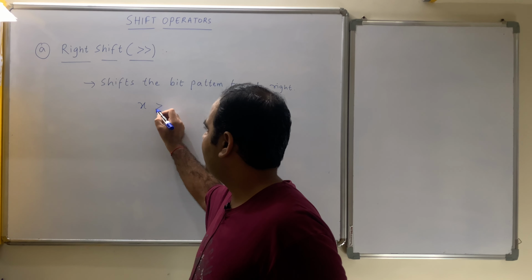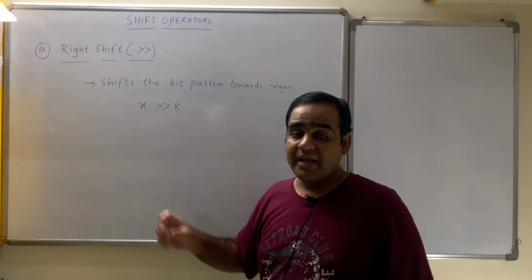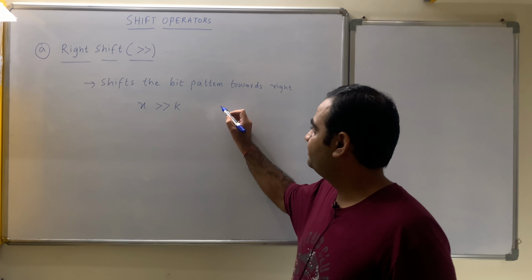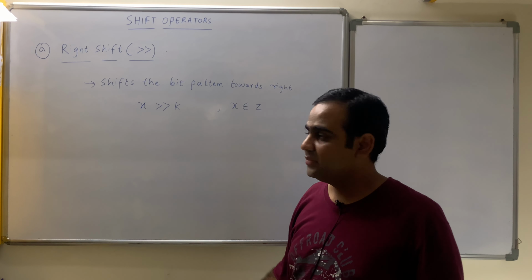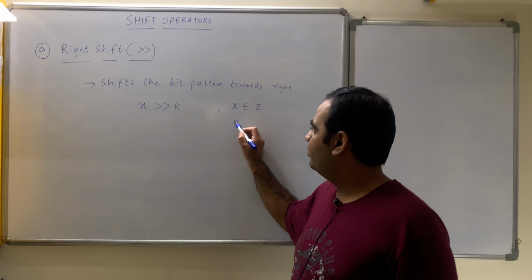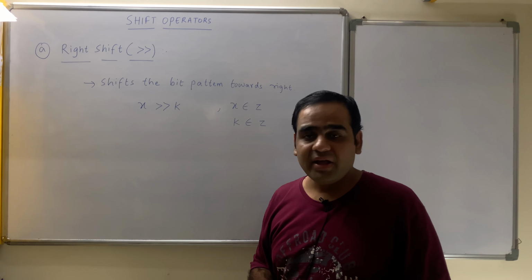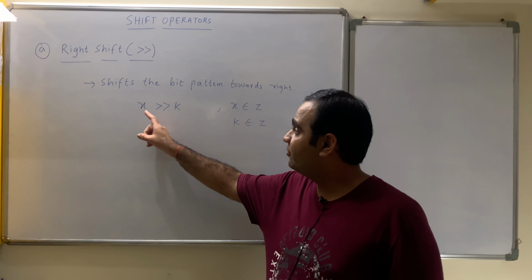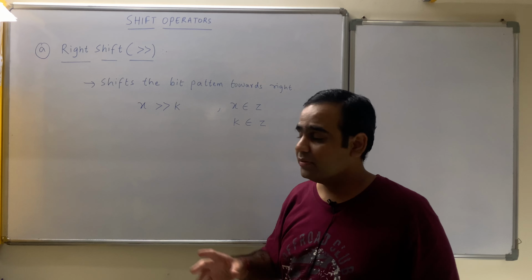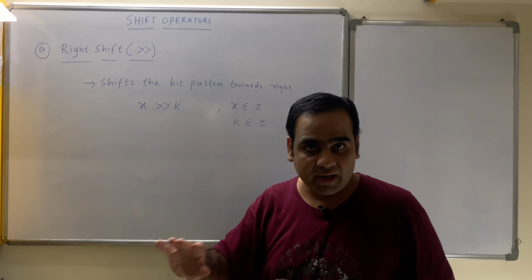Suppose I write x >> k, where x is any integer, x belongs to the integer set, and k also belongs to the integer set. Now if I say x >> k, it means shift the bit pattern of x by k places towards right.